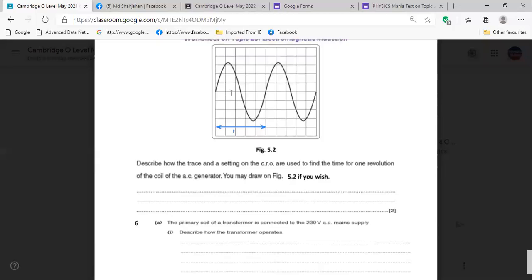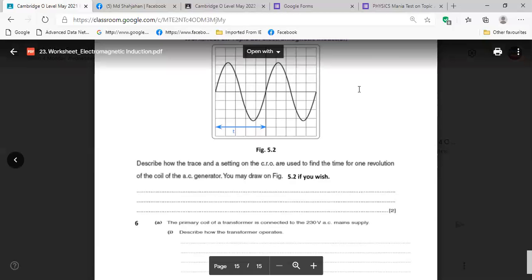So first find the number of divisions, then multiply by the time base per division.